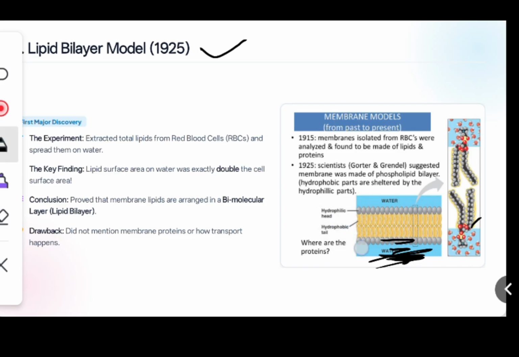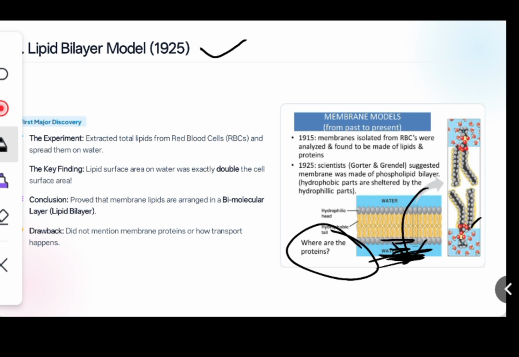The main demerit is that there is no protein in this model. They explain only the lipid bilayer. So how do some molecules enter?